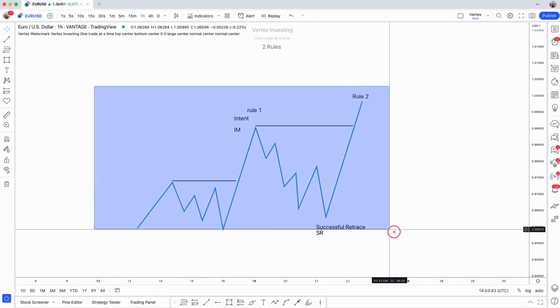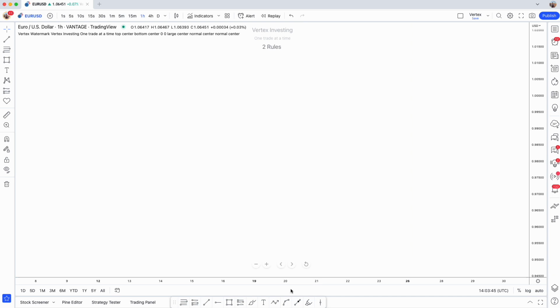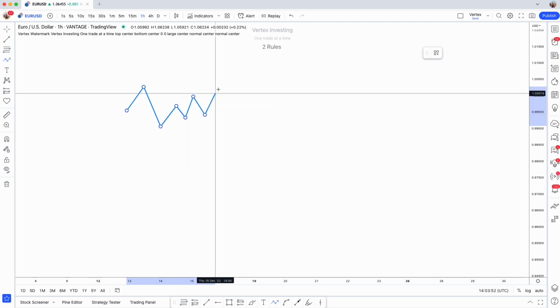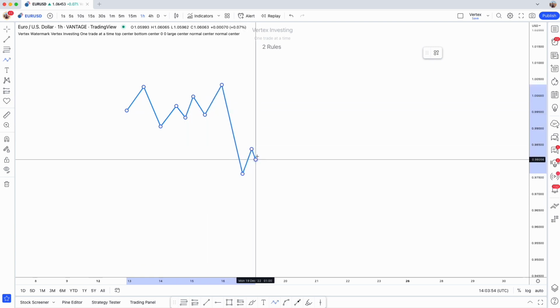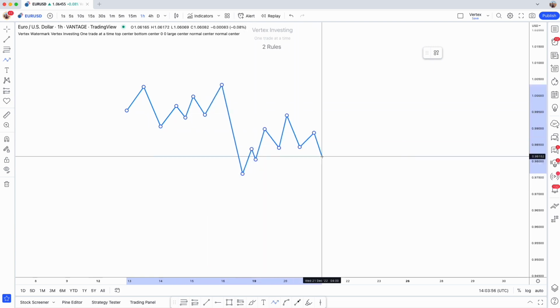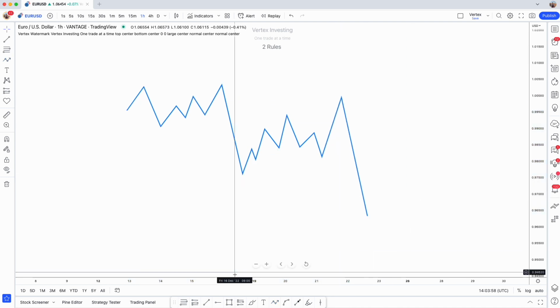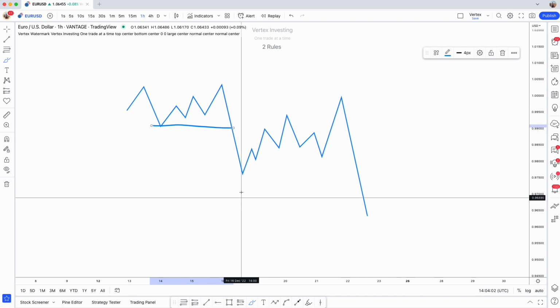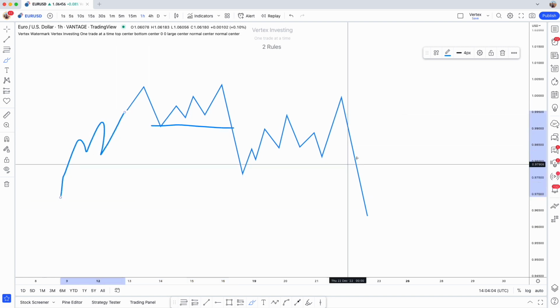So what I'll do is I'll do the exact same thing for you just to clarify it. So let's have rule number 1 and rule number 2. So in this case what we have is the first break of structure, assuming that price was coming from there.